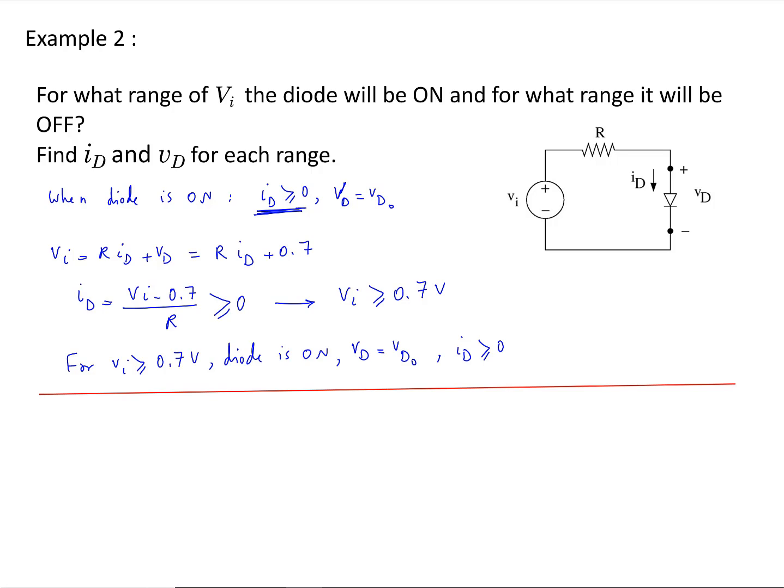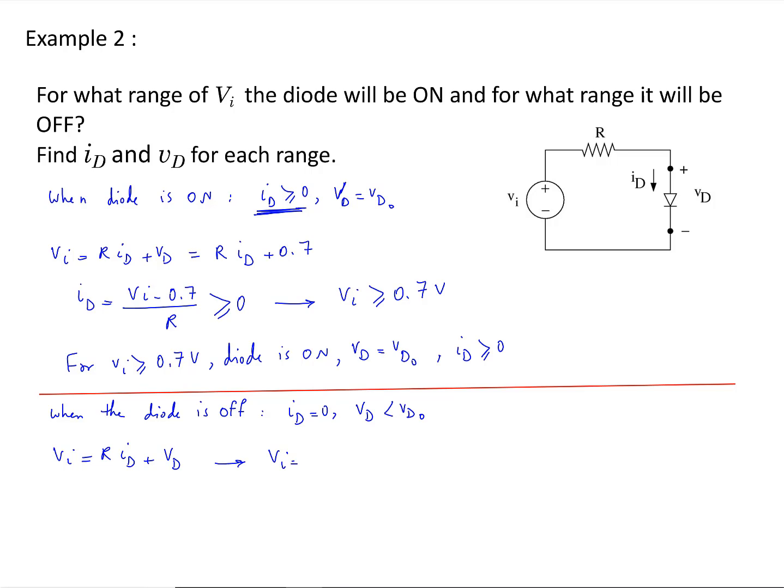Let's solve it for the second case, that is when the diode is off. So when the diode is off, then ID is going to be equal to 0 and VD is less than VD0. Again, I'm going to write the same KVL. VI is equal to R times ID plus VD, and ID is equal to 0.